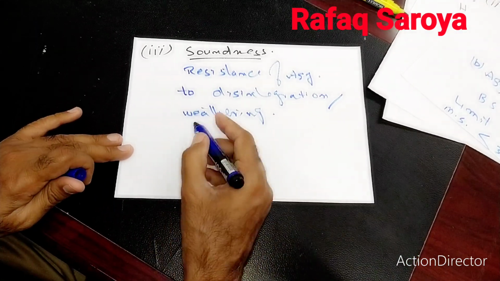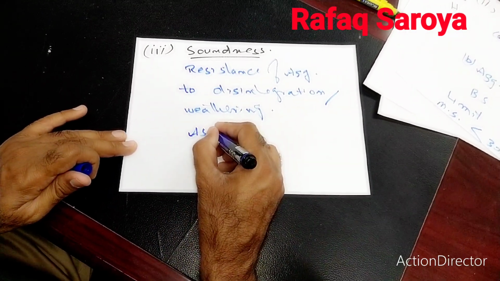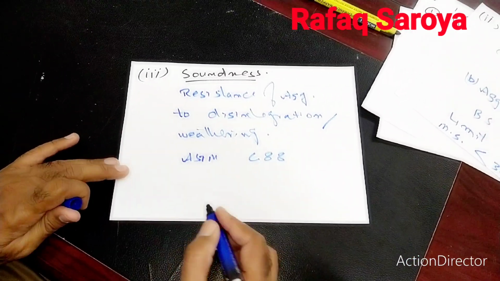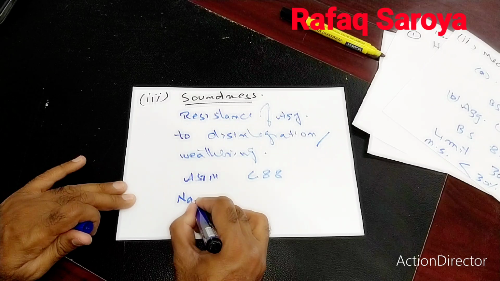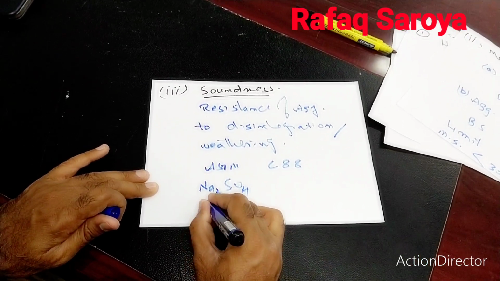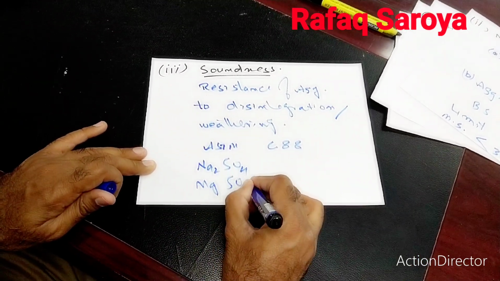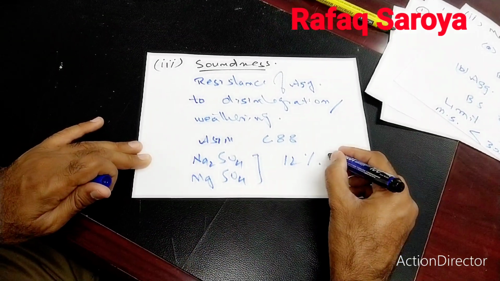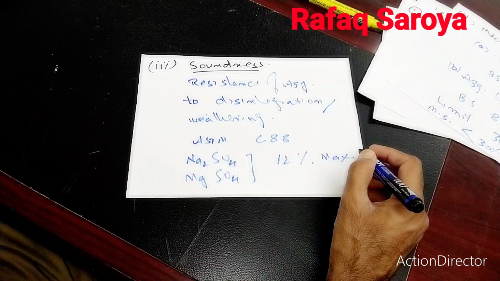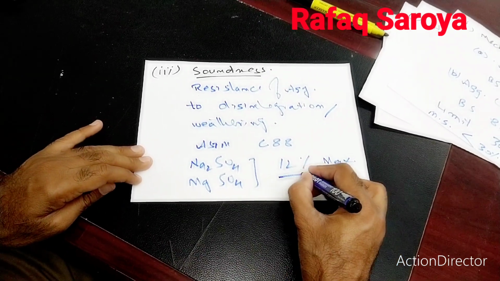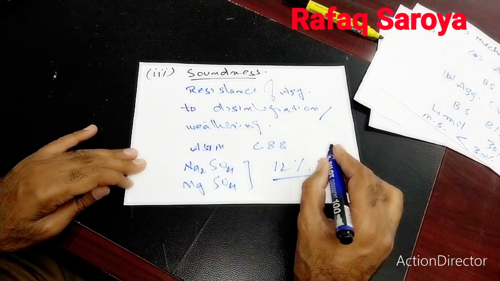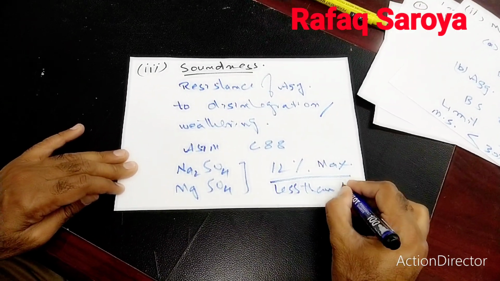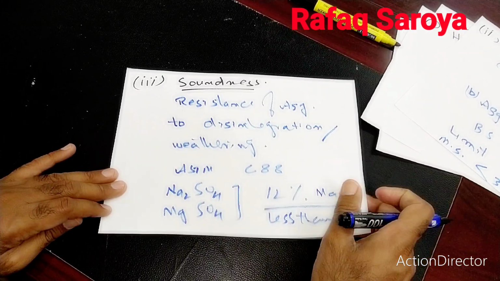For this one, we are using the standard ASTM C88. This is done with two chemicals, Na2SO4 and magnesium sulfate. And what is the maximum acceptable limit? 12%. If it exceeds this limit, our aggregate needs to be rejected. So this is the acceptance criteria. It should always be less than this.